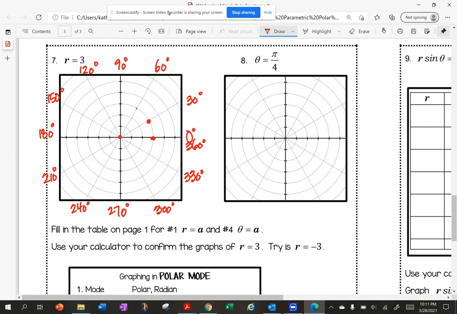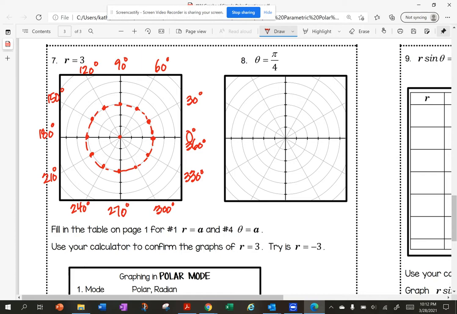At 60 degrees, my radius is 3. So every angle, my radius is 3. So it's all the angles that are shown plus all the angles in between. Okay, so when I have a circle with the center on the pole, I have r equals a number.